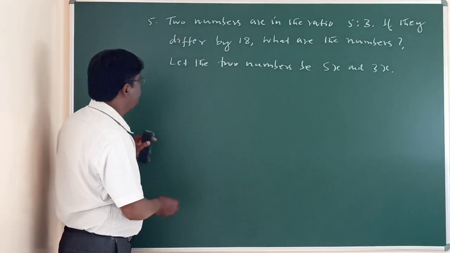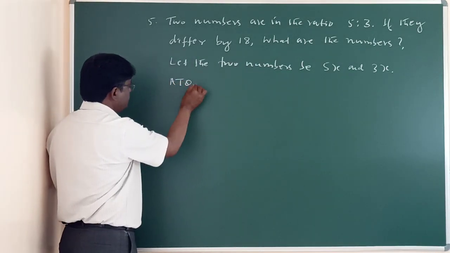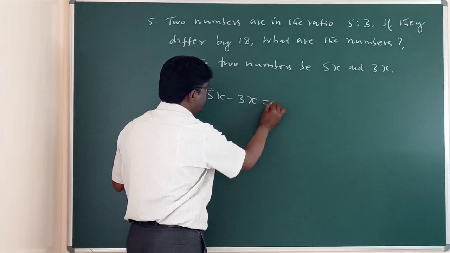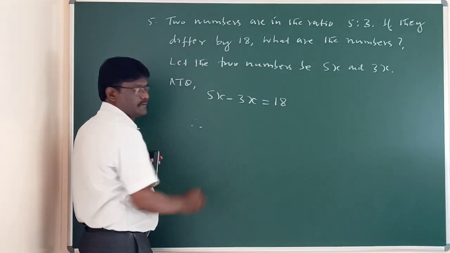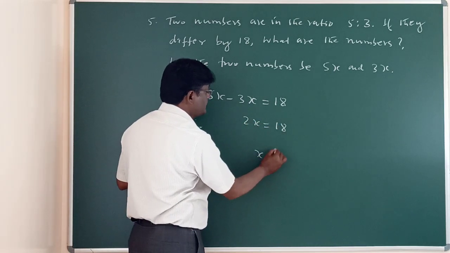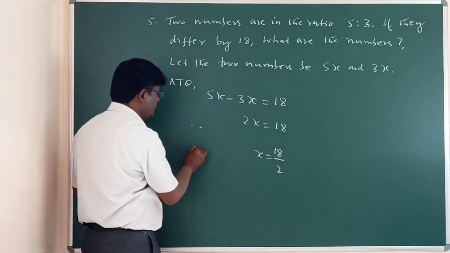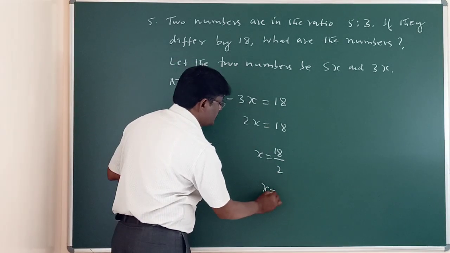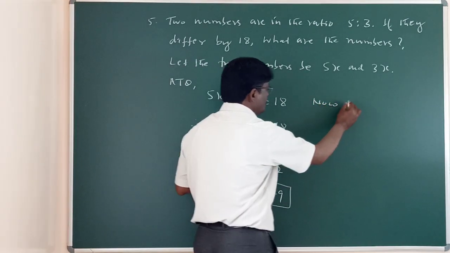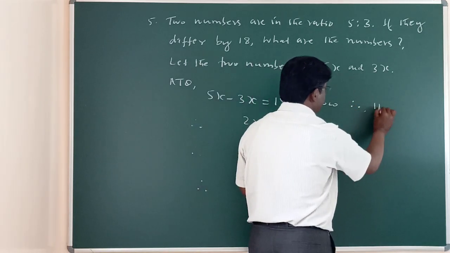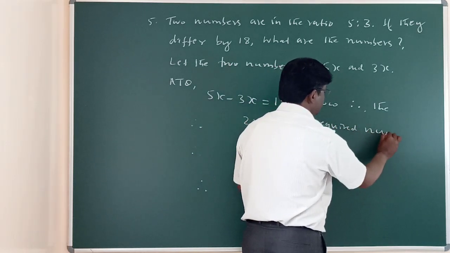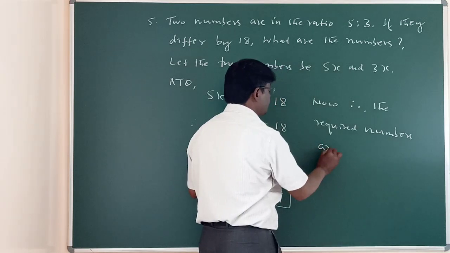If they differ by 18, according to the question, if they differ means the difference is 18. Then therefore 5x minus 3x is 2x equal to 18. Hence x equal to 18 by 2. Therefore x equal to 9. Once we know x, the required numbers are, how do you get?